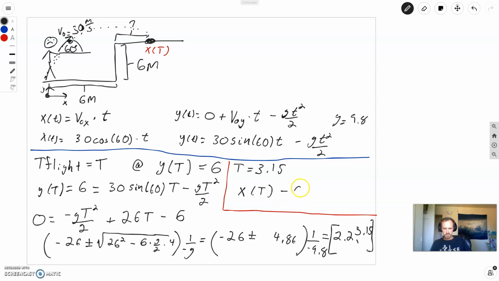So x of t minus 6 equals 30 times the cosine of 60 times my time, which is 3.15. 30 times the cosine of 60, 15. And then minus 6. So I get 41.25.